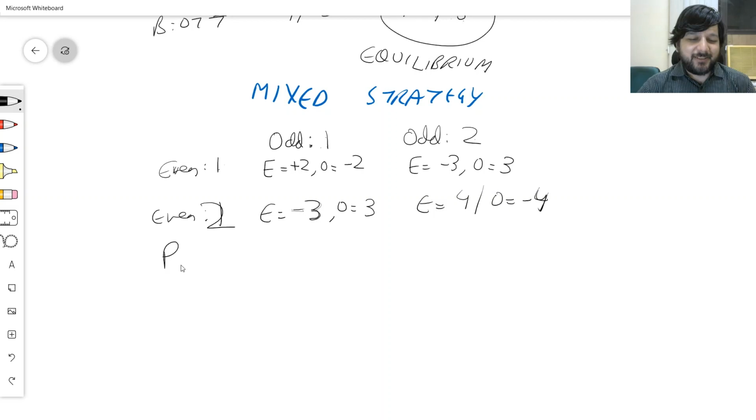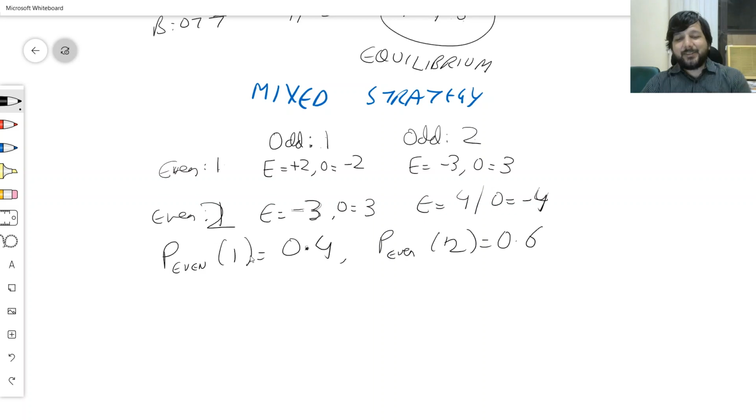The mixed strategy will be something like 0.4 and 0.6 for even. This mixed strategy says that 40% of the time even should show 1 and 60% of the time even should show 2 in a two-finger morra.